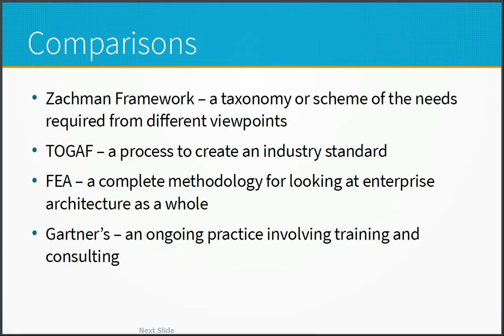It was created by a council of chief information officers from different governmental bodies. And finally, Gartner's is best described as a practice in that it is ongoing and focused on experience, training, and the ongoing connections for the organization.